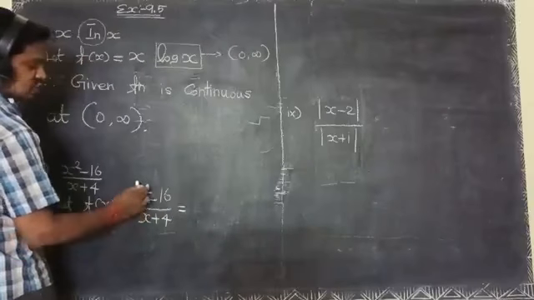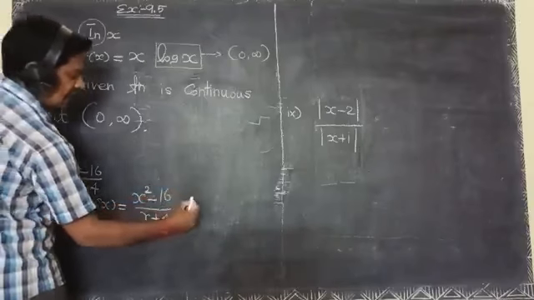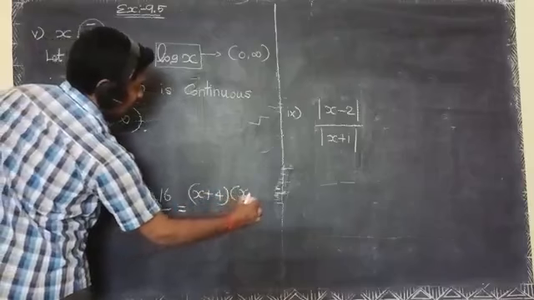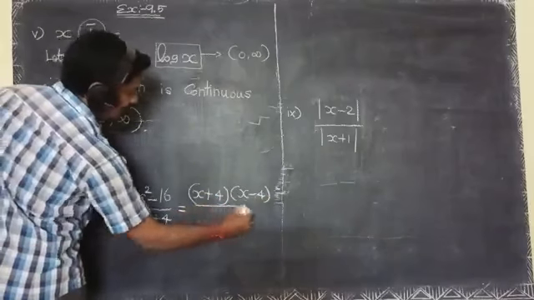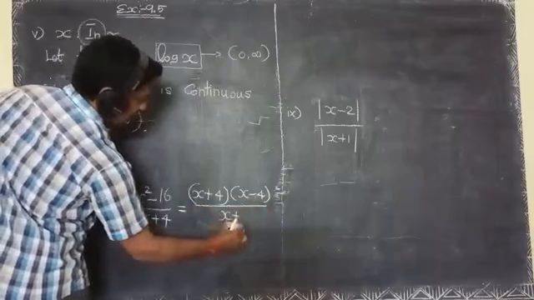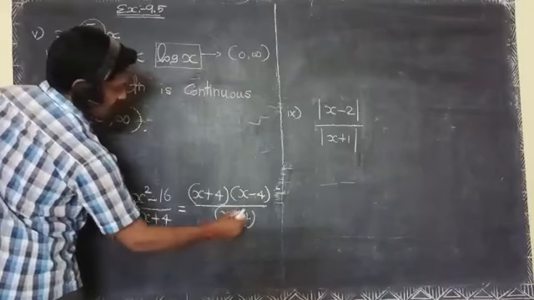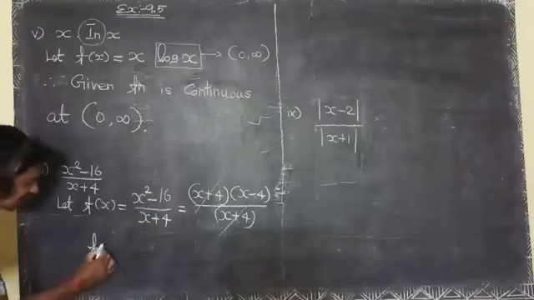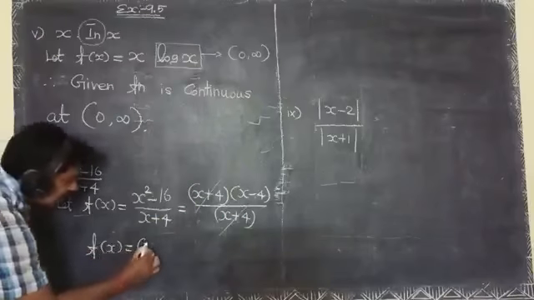In the structure a square minus b square, which can be written as a plus b into a minus b, divided by x plus 4. Here x plus 4 cancels. Finally, we get f of x equal to x minus 4.